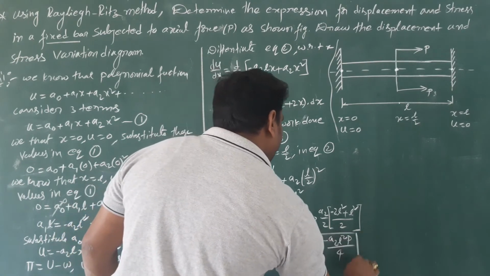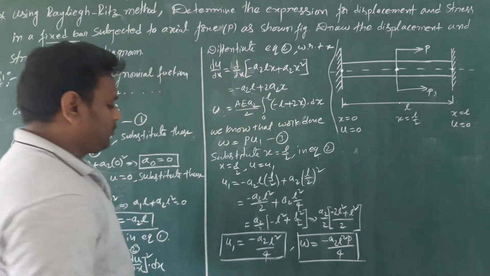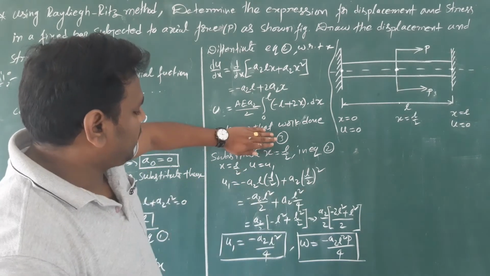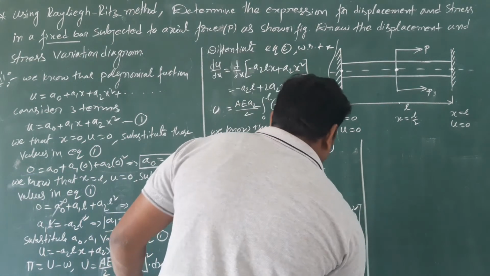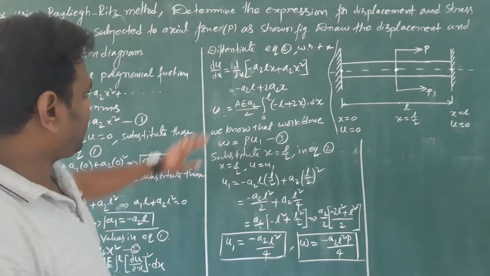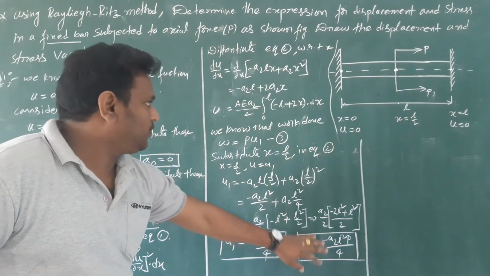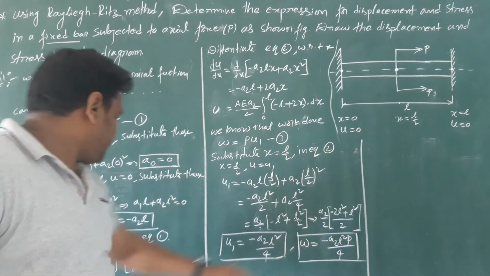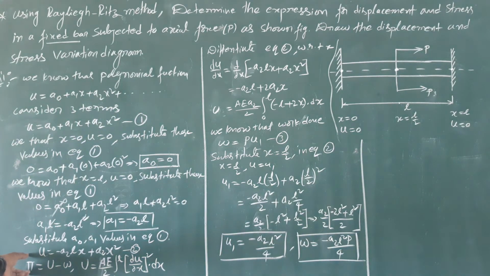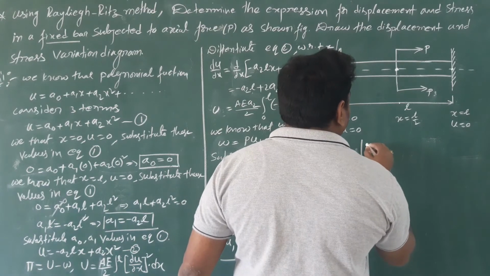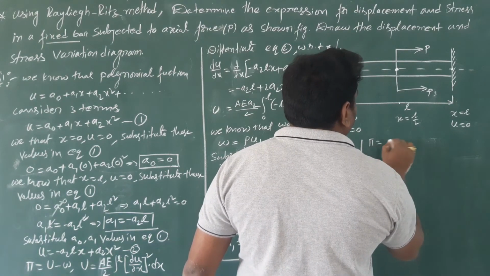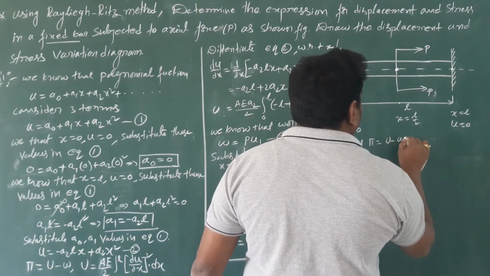Now substitute this strain energy and work done, these two, in the potential energy equation. We know that potential energy phi is equal to U minus W.